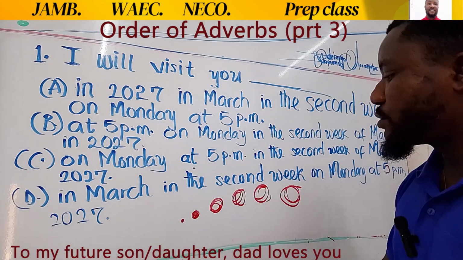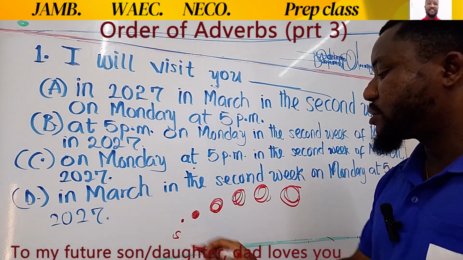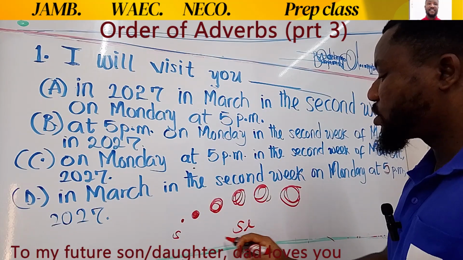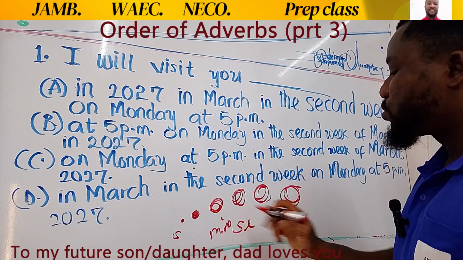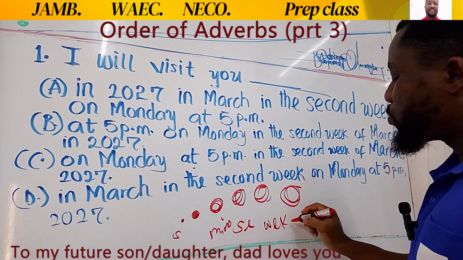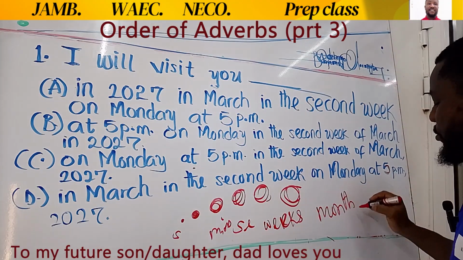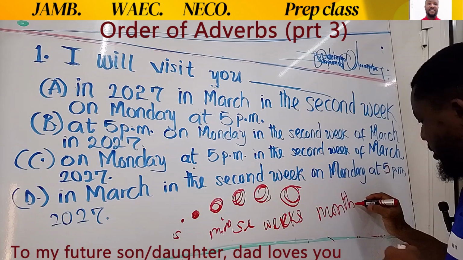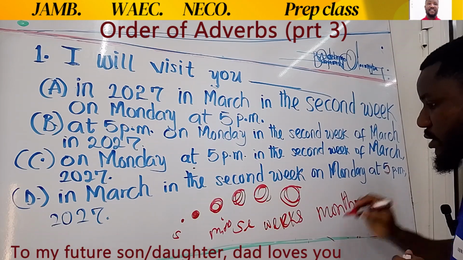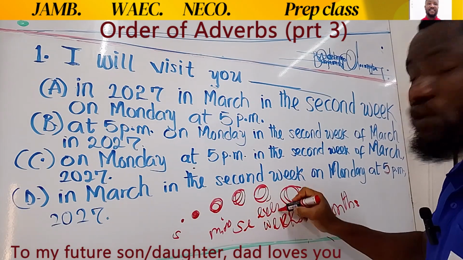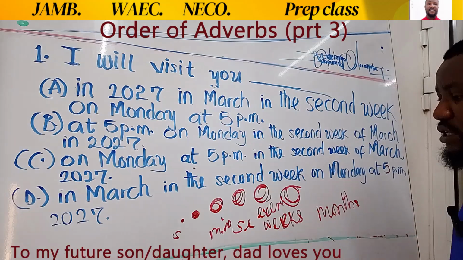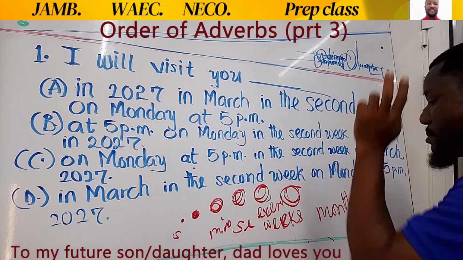So if you want to talk about seconds, minutes, weeks, months, and let's put it this way, evening, all in the same breath. You want to talk about second, minutes, evening, weeks, months.